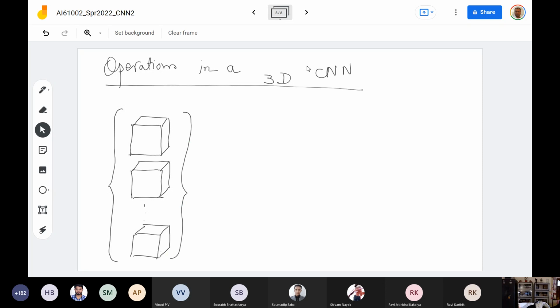So this is my X. Now X belongs to a number of channels which is C cross the depth which is D cross M cross N. So this dimension is C, which is the number of channels which is present over here.